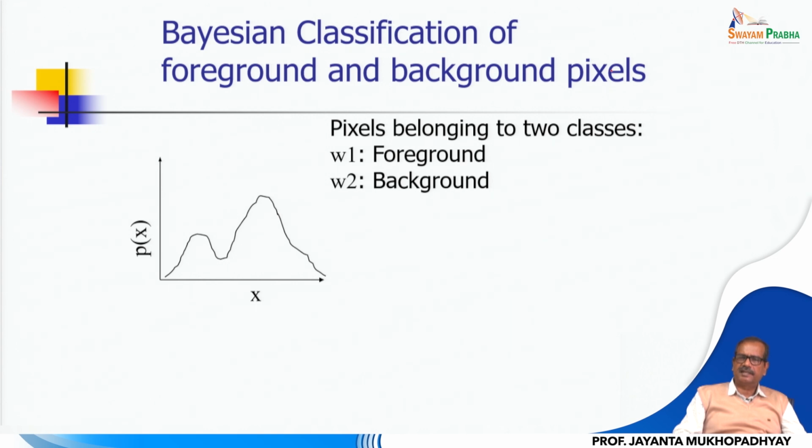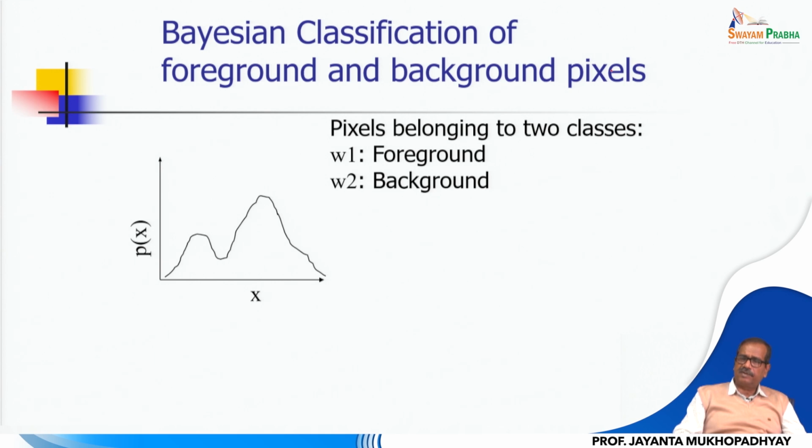As you understand, it's a classification problem, classification between foreground pixels and background pixels. We will be considering one classification technique. If you have gone through the machine learning course, you know there is a Bayesian classification technique, and we will be using that for classifying a pixel either into foreground or background.